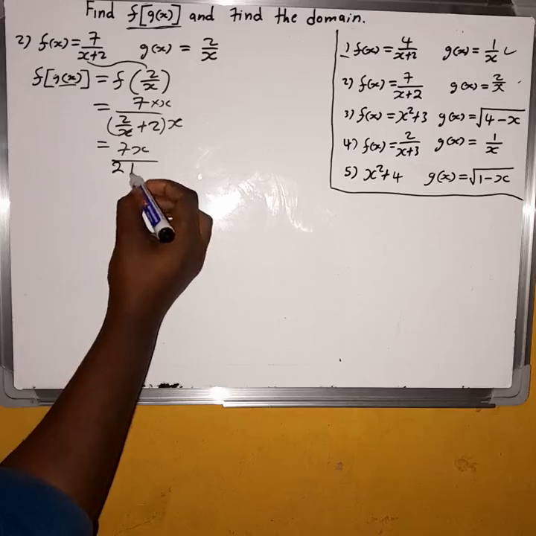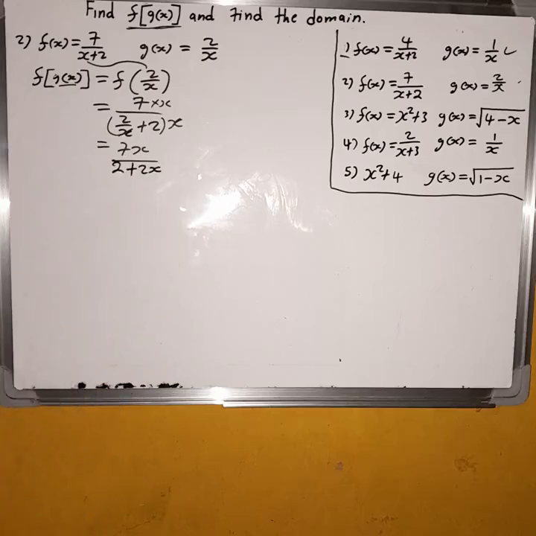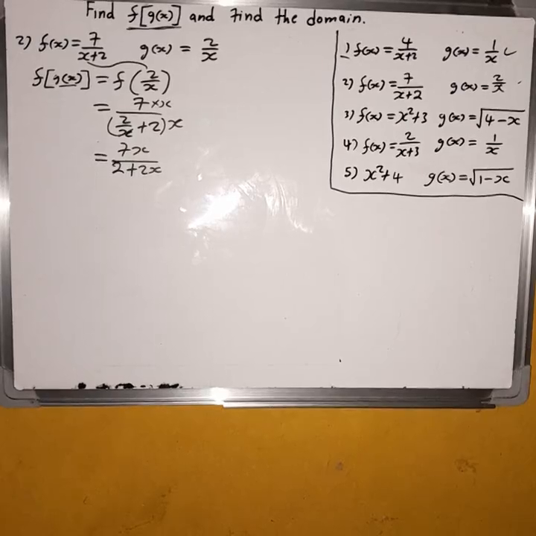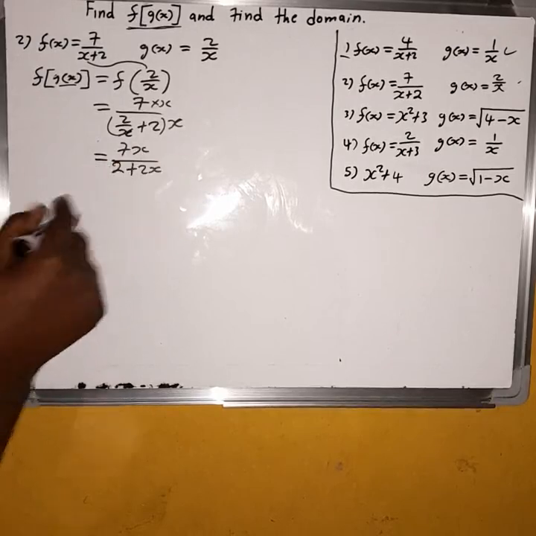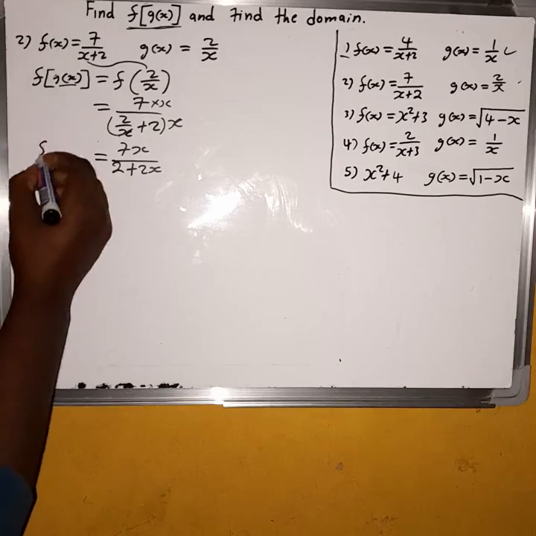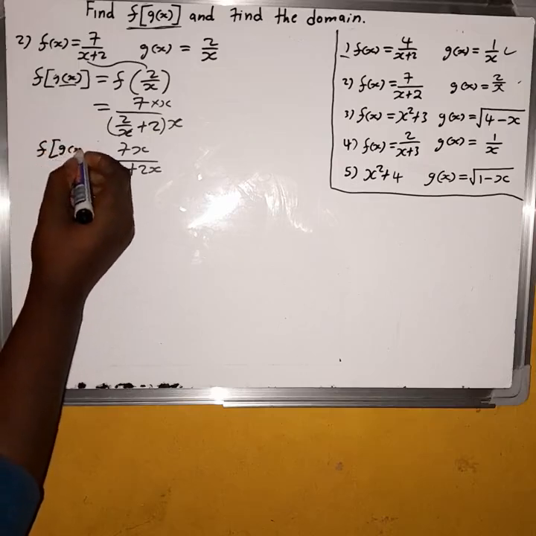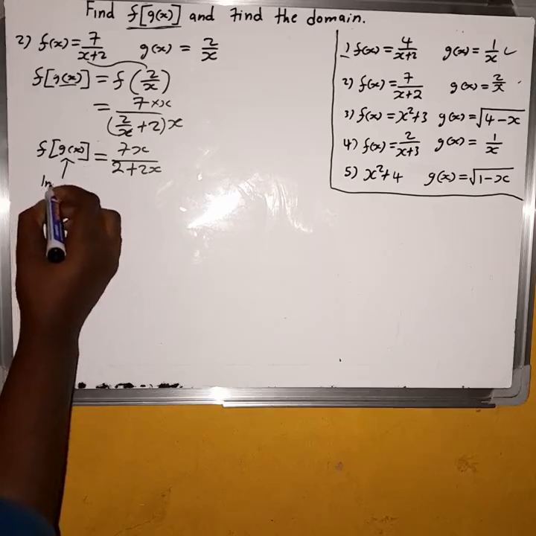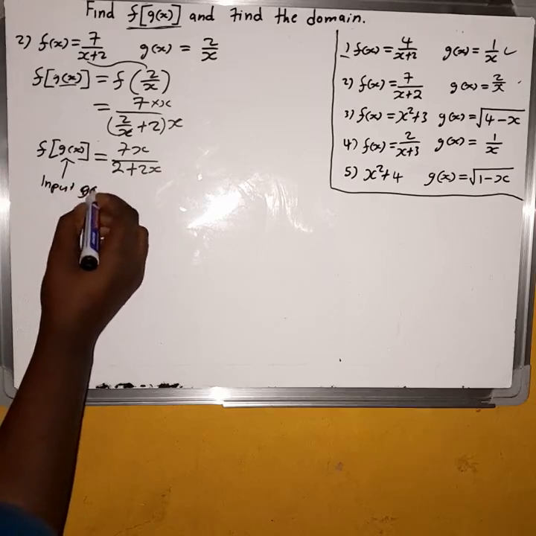We'll have 2 plus 2x. So 7x over 2 plus 2x, right? This is f of g of x. Our input here is g of x, isn't it?